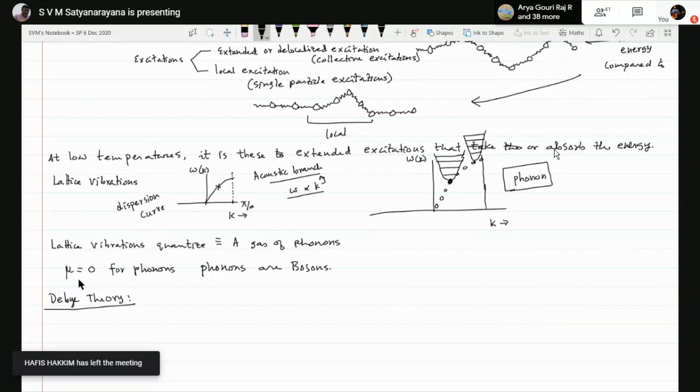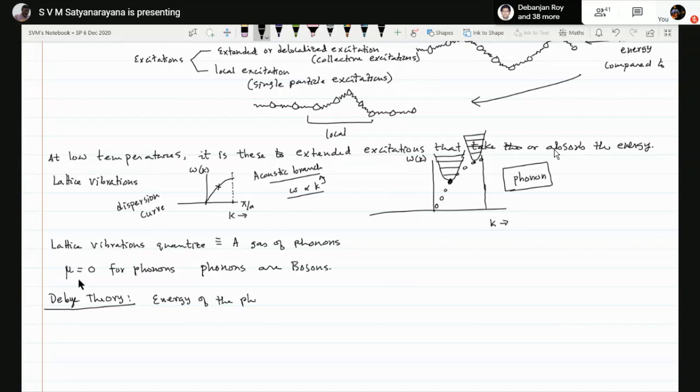So one of the inputs that we have is the average number of phonons. Let's say that the energy of the phonon is h bar omega.